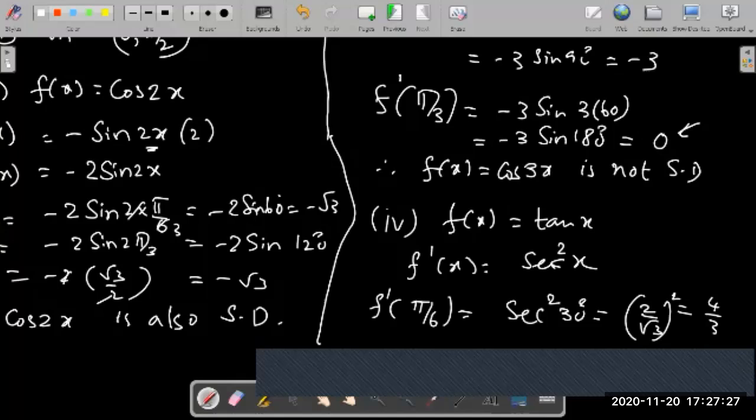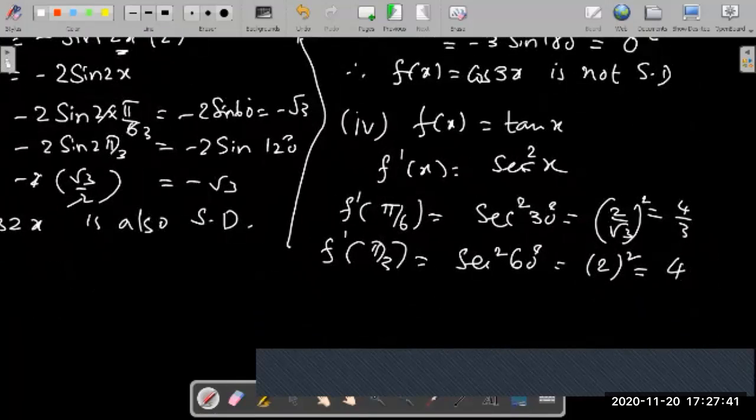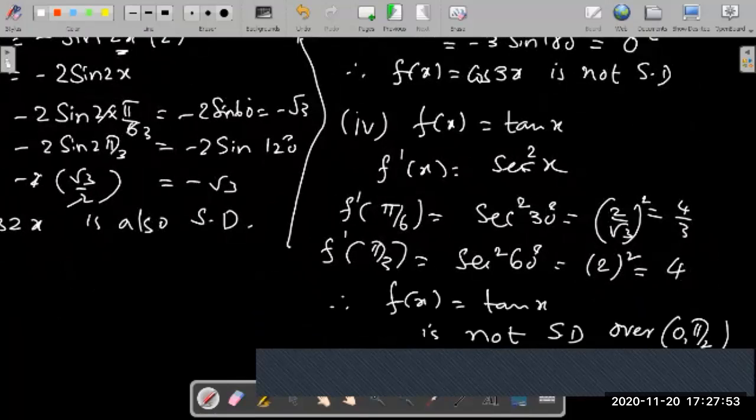This is greater than 0. Then f dash pi by 3, it's 60 degrees: secant squared 60 degrees, that is 2 whole squared, which is 4. So all positive. Therefore, f of x equal to tan x is not strictly decreasing over 0 to pi by 2.